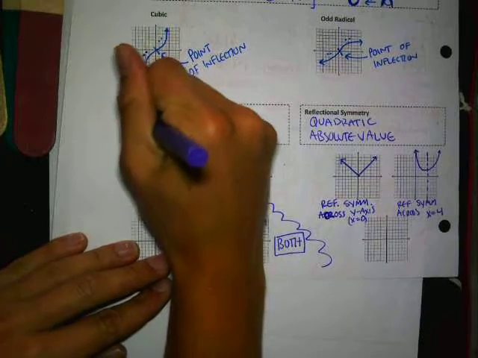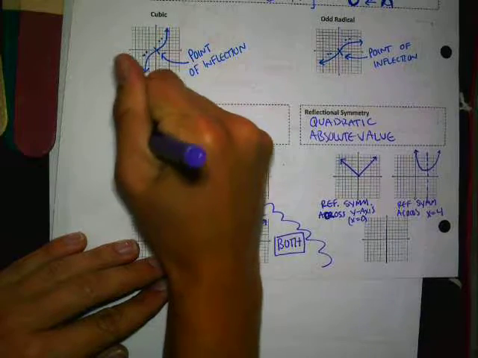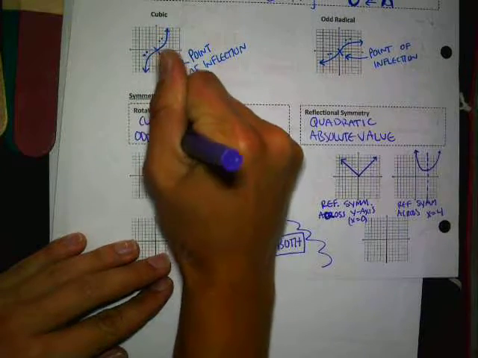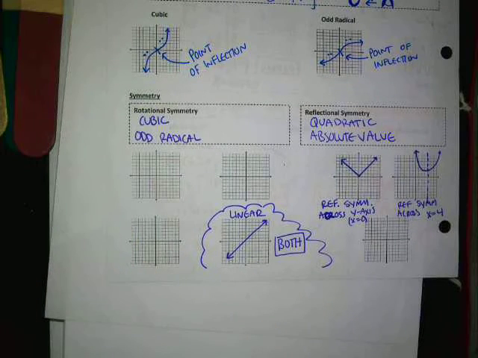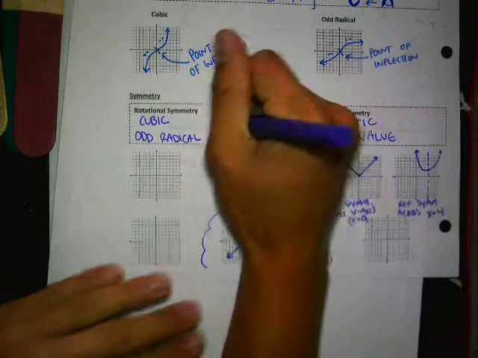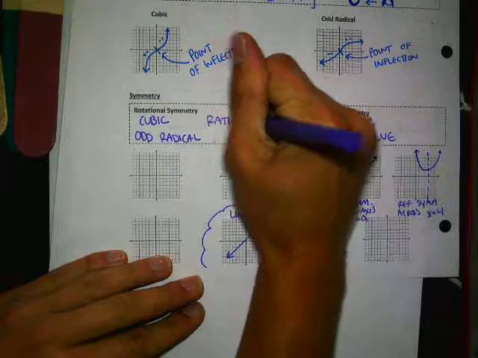What's another one? Odd radical, good. And one more? Rational. Yes, rational. Cubic, odd radical, and rational.